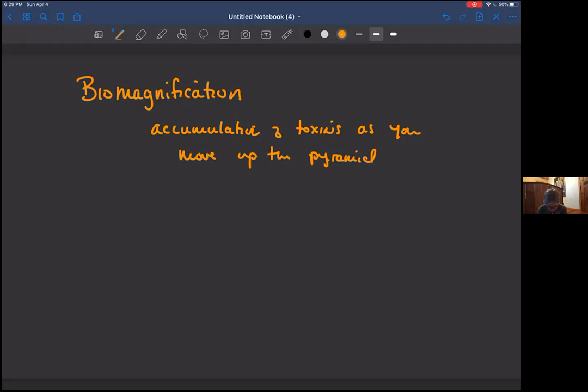These toxins specifically are not water soluble. They also generally cannot be broken down by our body. They could be synthetic, but we can't excrete them.